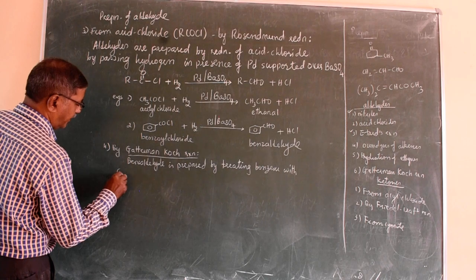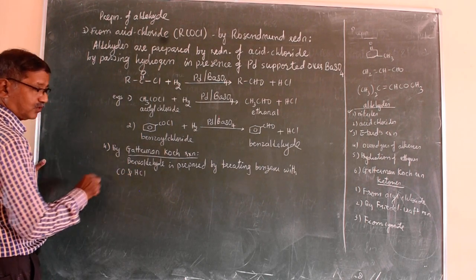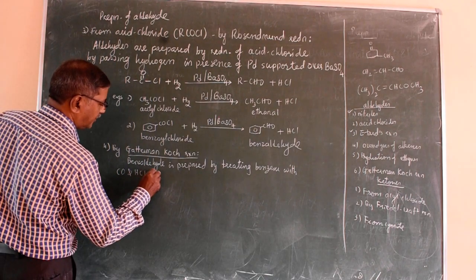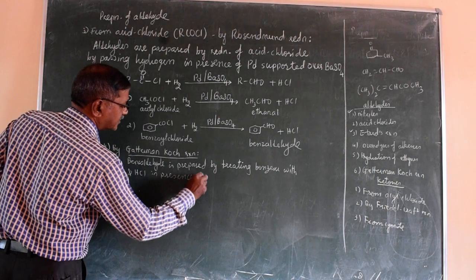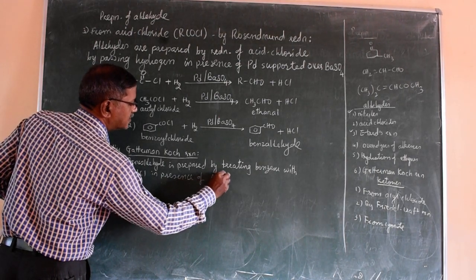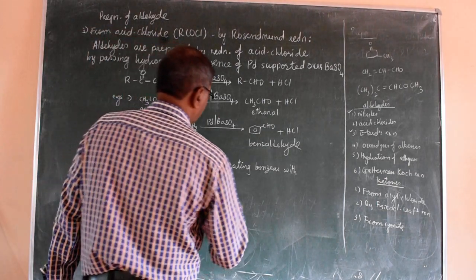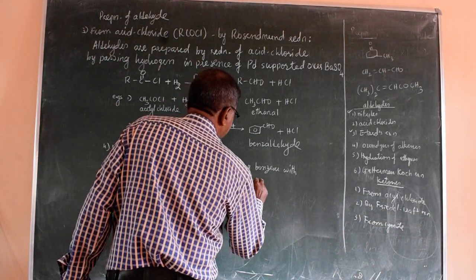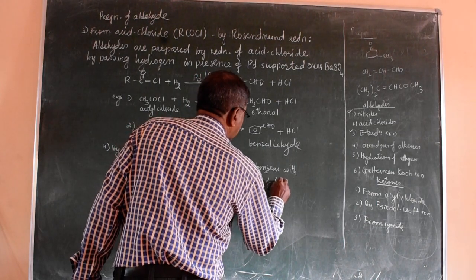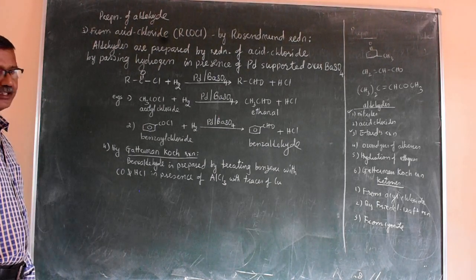with CO and HCl. It must be capital, carbon monoxide and HCl in presence of AlCl3. Sometimes you are using traces of copper. Well, without copper also the product is obtained.